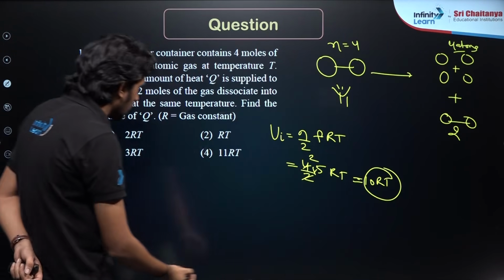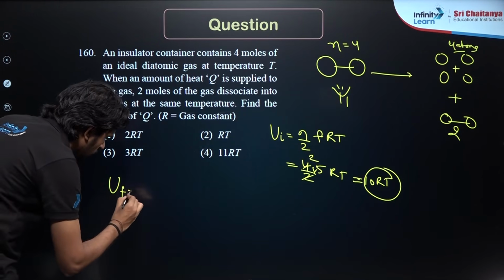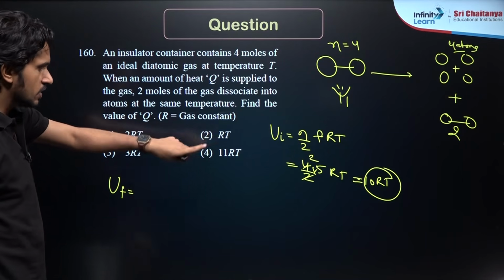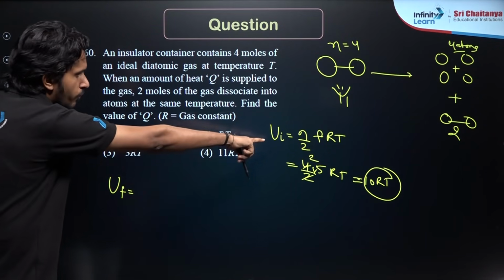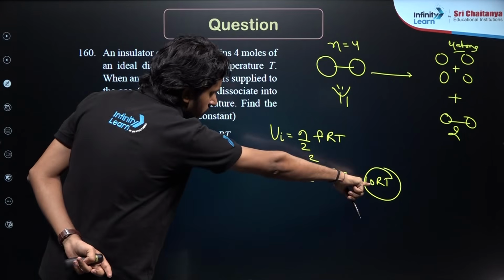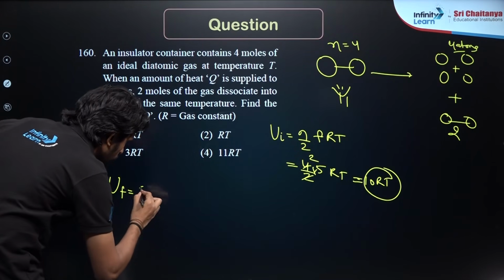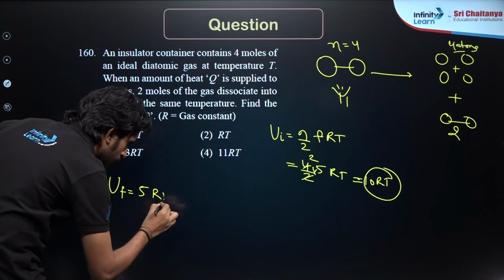Then the final energy, U final. We have 2 moles of the diatomic gas, so 2 into 5 RT by 2, that is 5 RT.